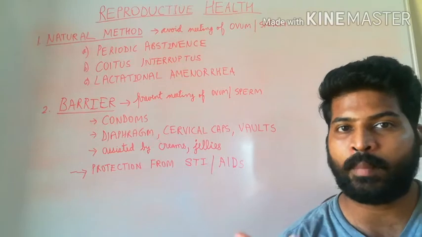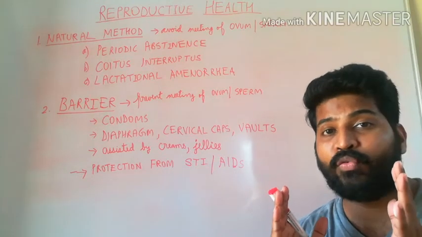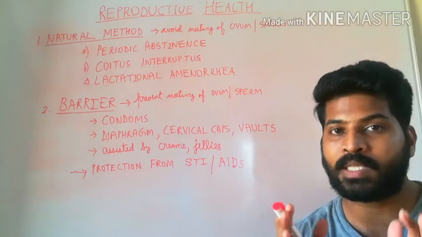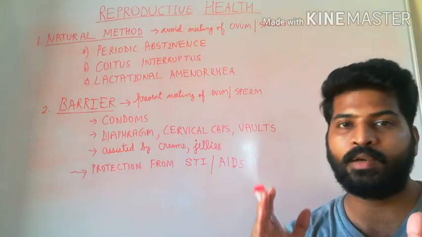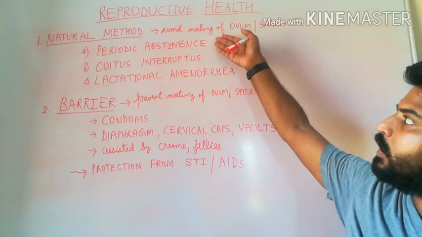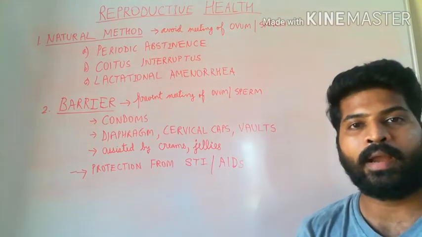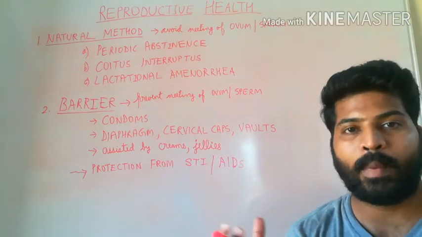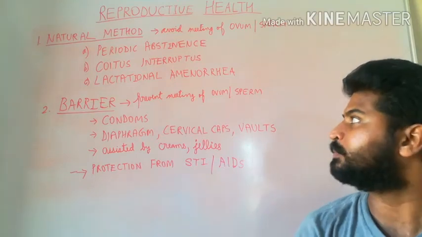As you already studied about the menstrual cycle, we know that this is the very fertile period, meaning ovulation, the release of the ovum, happens during this duration, between day 10 and day 17. So not having sexual intercourse during this period will avoid the meeting of the ovum and the sperm, therefore preventing fertilization.